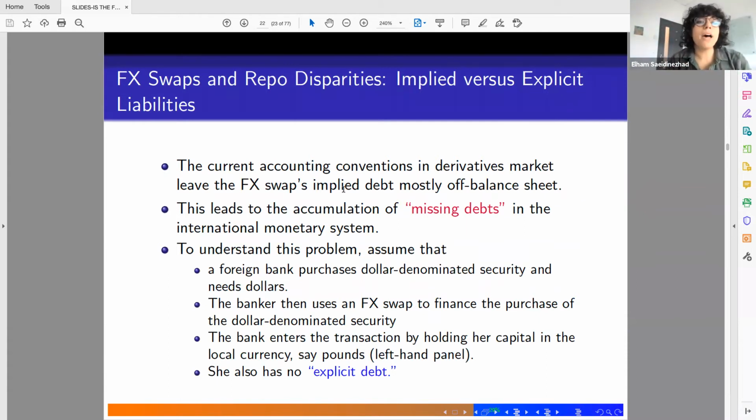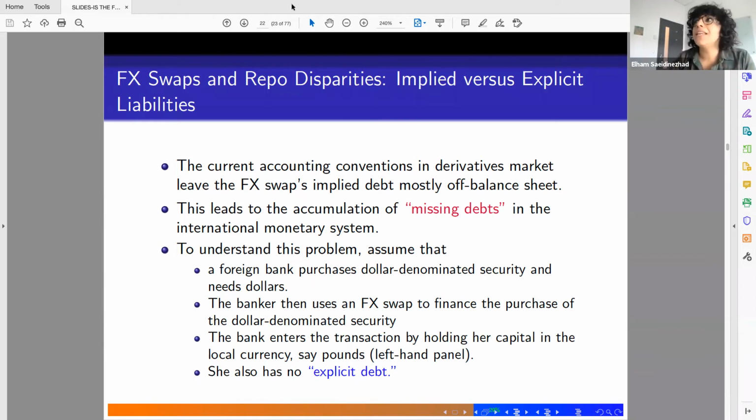Before talking about why this difference in the type of collateral matters, I'm going to talk about the first disparity between the FX swaps and repo, which is implied versus explicit liabilities. The current accounting conventions in the derivative market basically treat all these implied commitments in the FX swap market as a form of off-balance sheet accounting.